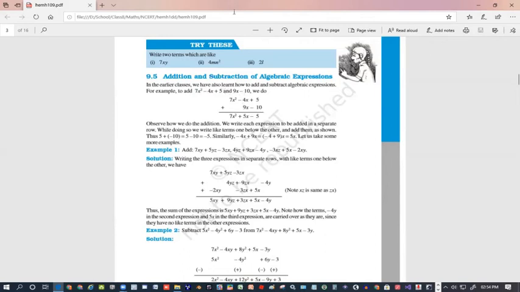So let's see here. 7x square minus 4x plus 5. And the second expression is 9x plus 10.